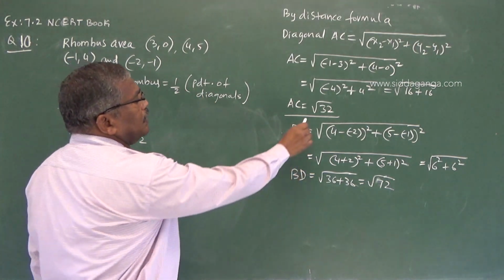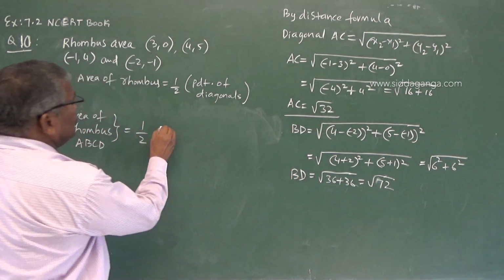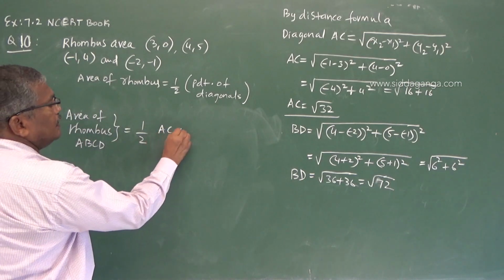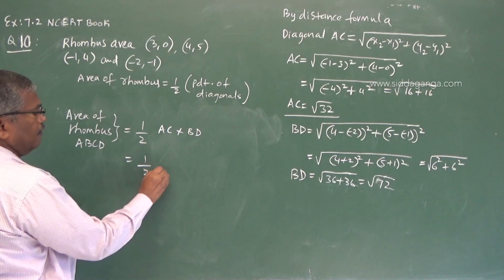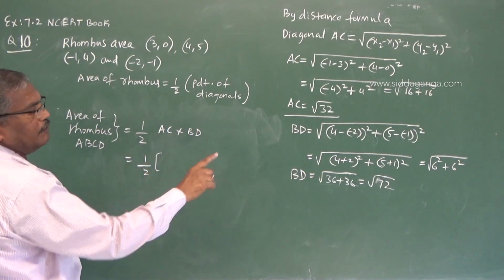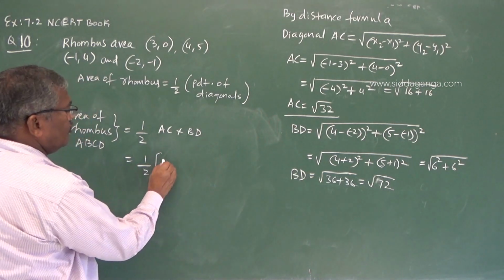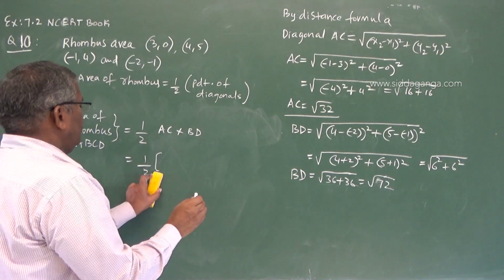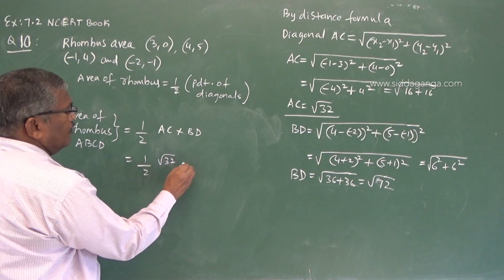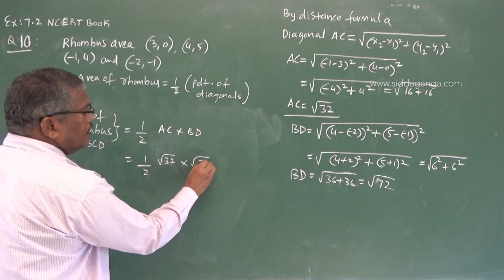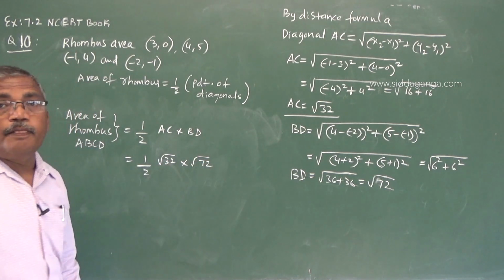So diagonals here are AC and BD. So I will write AC into BD. So half of AC value, AC is root 32, into root 72.